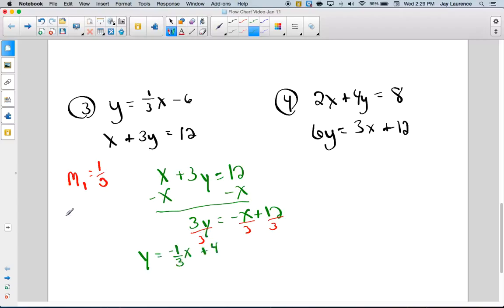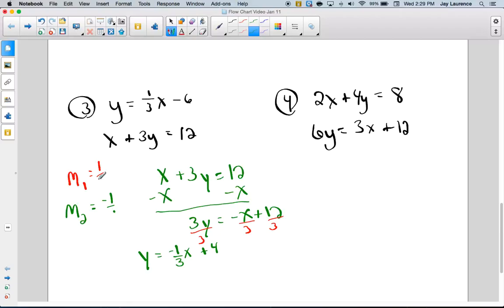So the slope of the second equation is -1/3, which is not the same as +1/3. No, one's negative and one's positive, and so therefore I can say the slopes are different. This system must have one solution.